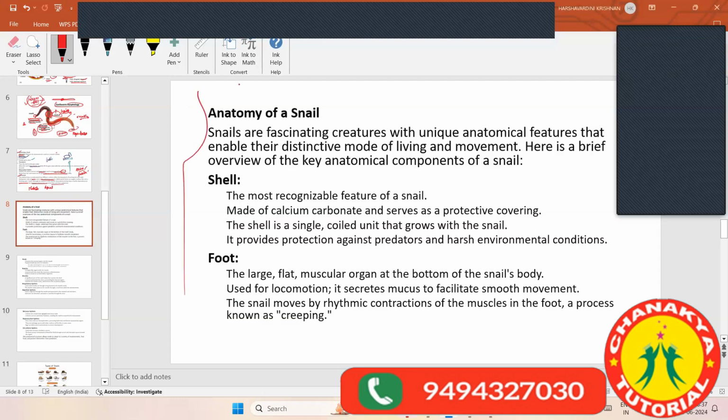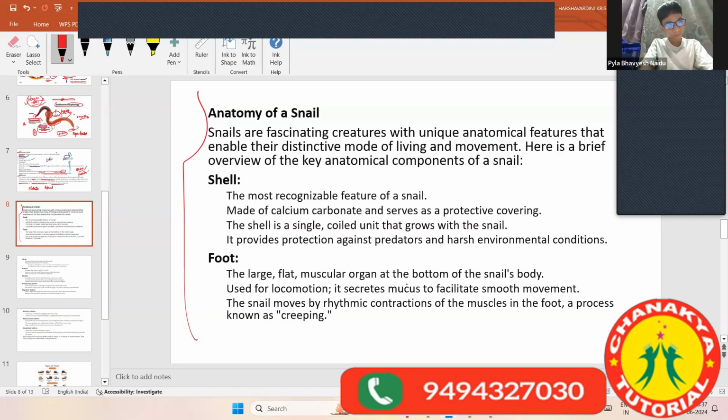Just read the passage and try to understand. Anyone can read aloud. Anatomy of a snail. Snails are fascinating creatures with unique anatomical features that enable their distinct mode of living and movement. Here is a brief overview of the key anatomical components of a snail.